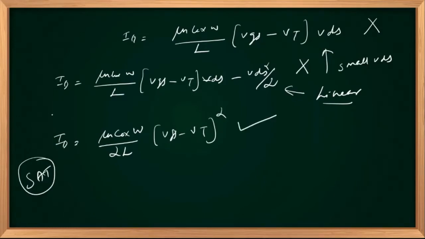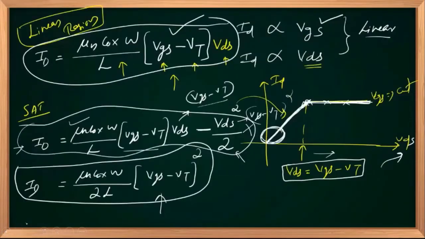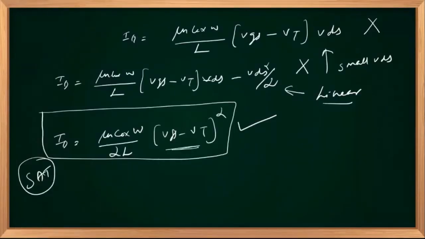And it is clear that there is no VDS term in the expression. That implies it is a flat curve in saturation because it never depends on the VDS value. It depends only on (VGS minus VT) squared multiplied by mu n C ox W by 2L.